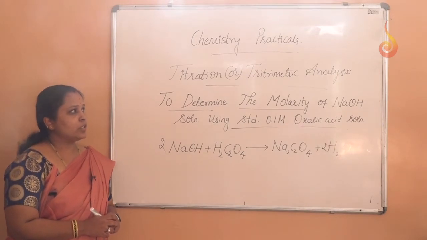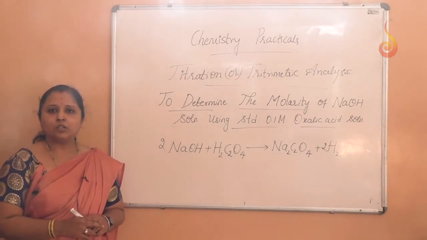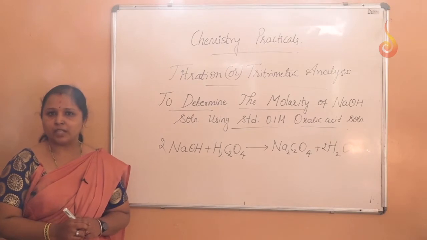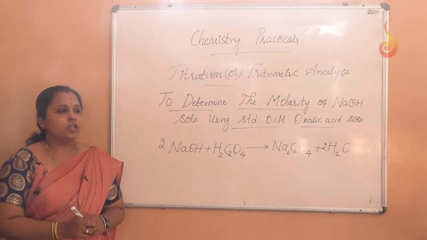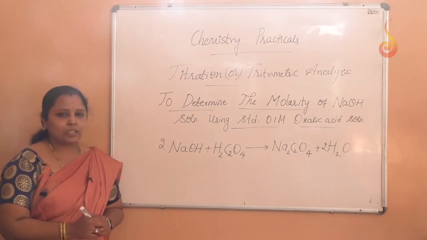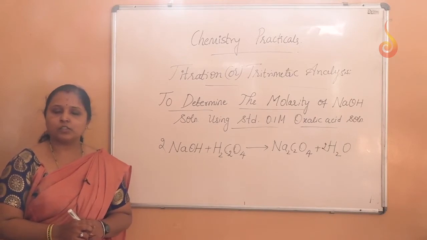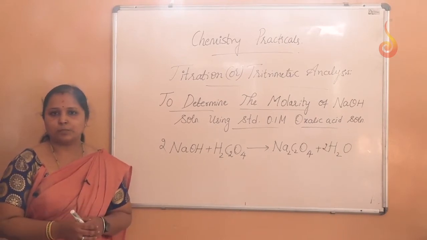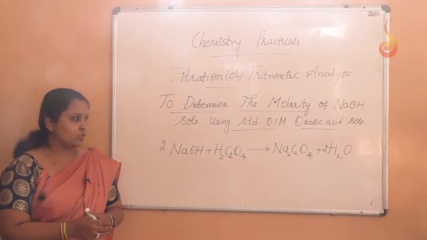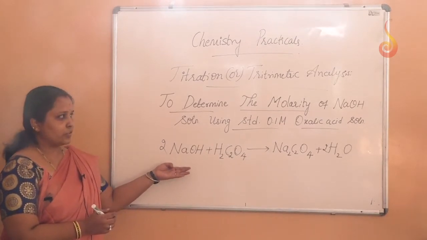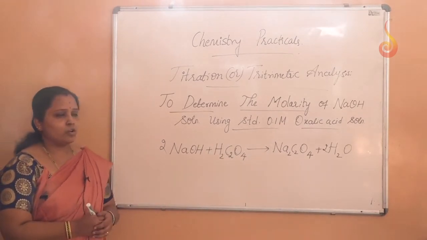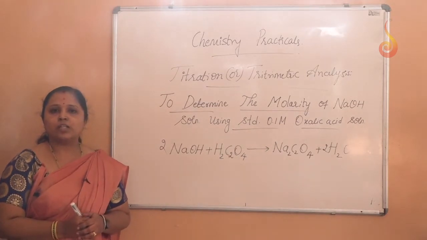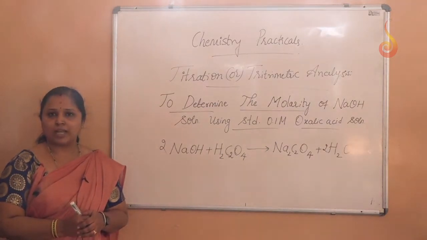So in today's session we will be seeing how to carry out the titrimetric analysis, or titration. In the previous class I told you there are two titrimetric analyses, or two acid base titrations, which have to be performed for the practical examination, and one among them is the titration between sodium hydroxide and oxalic acid.